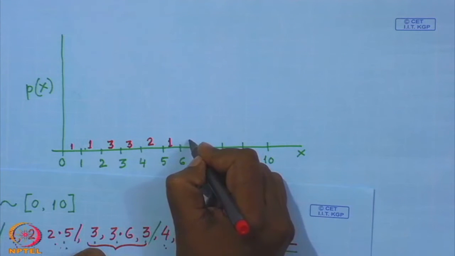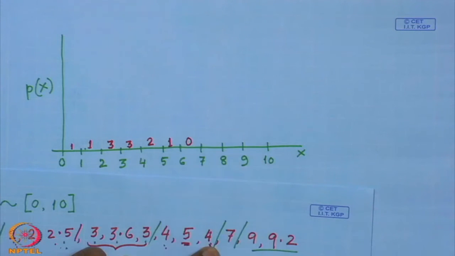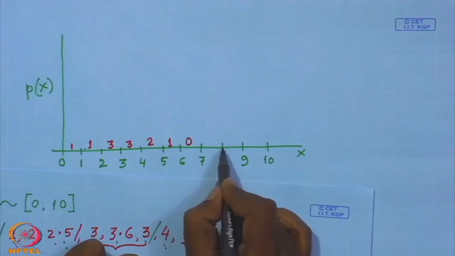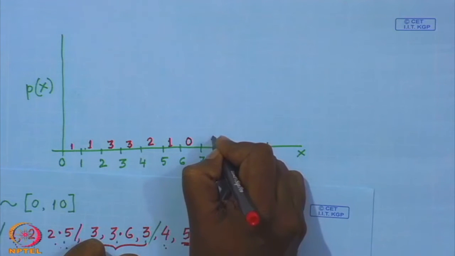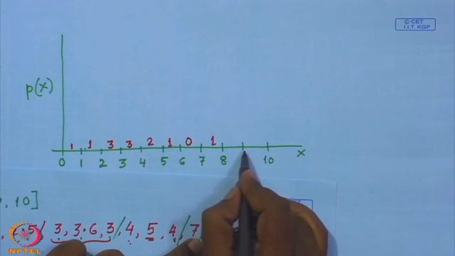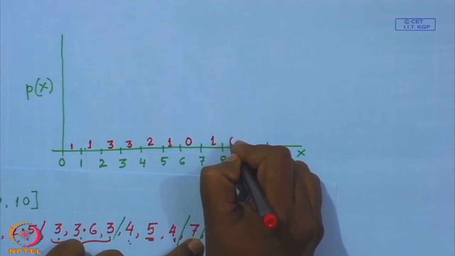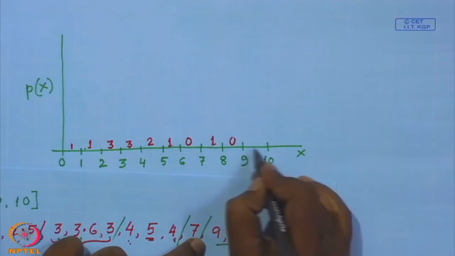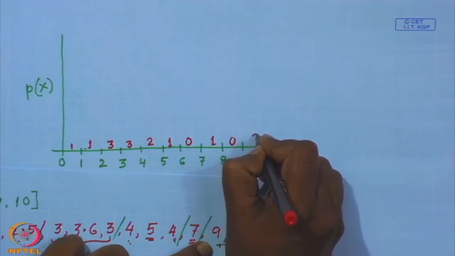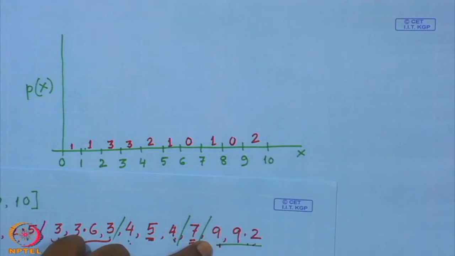So, the number of samples falling in this bin is equal to 0. The sample 7 falls in the next bin having bin boundaries 7 and 8. So, the number of samples over here is equal to 1. Again 8 and 9 does not contain any sample. The next one, 9 and 10, contains 2 samples, one is 9, the other one is 9.2. So, the number of samples that I have over here is equal to 2.